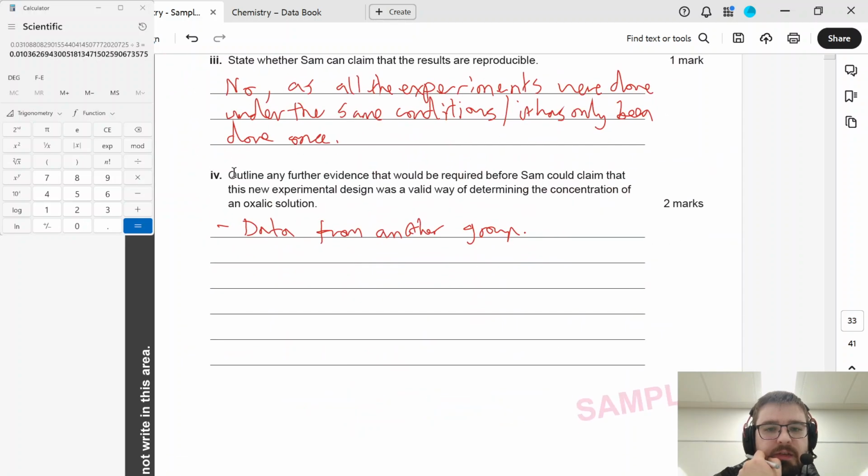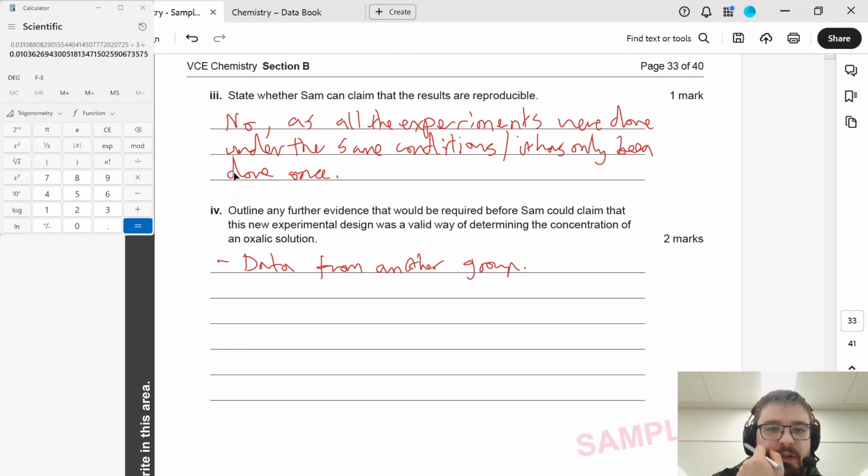So basically I'd say data from like a repetition or something like that. A valid way of determining the concentration of an oxalic acid solution.